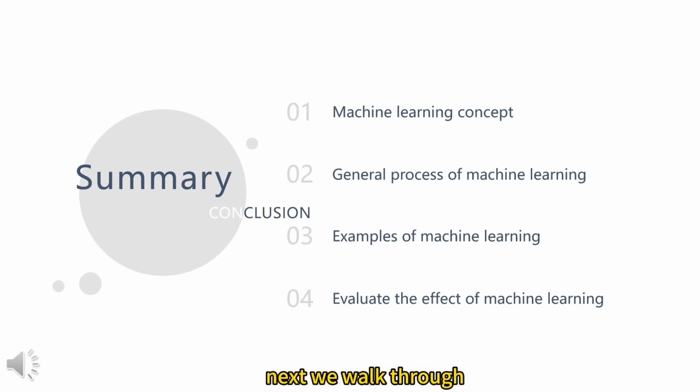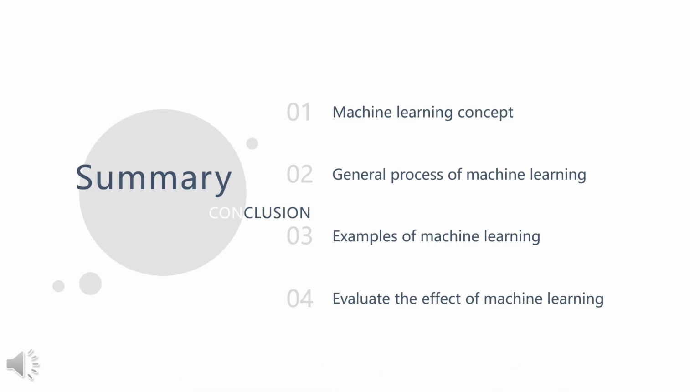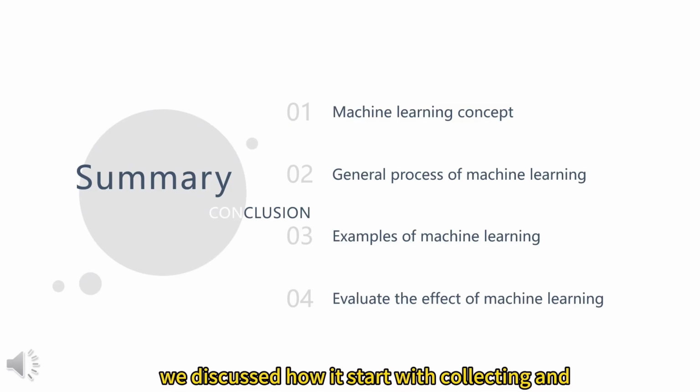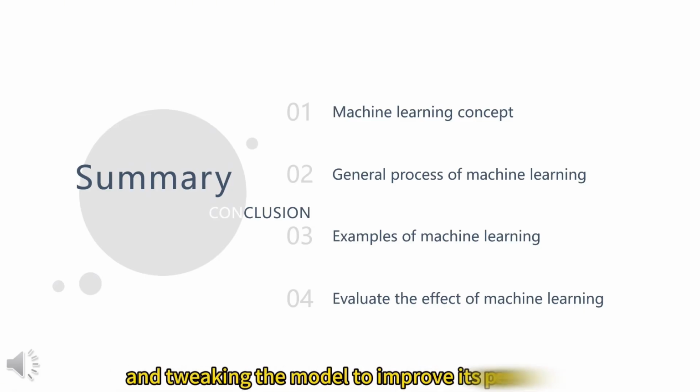Next, we worked through the general process of machine learning. We discussed how it starts with collecting and preprocessing data, then choosing the right model, training that model with the data, and finally testing and tweaking the model to improve its performance.